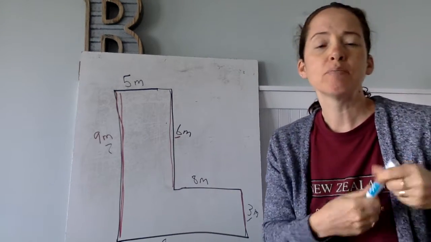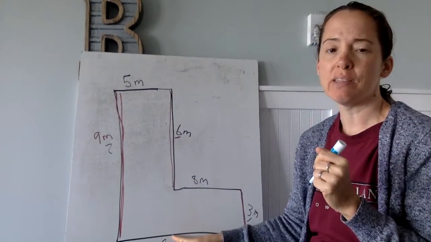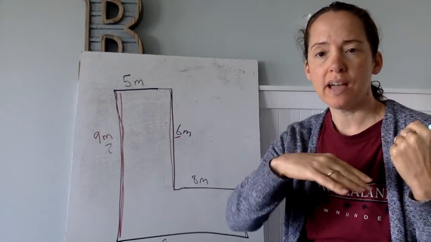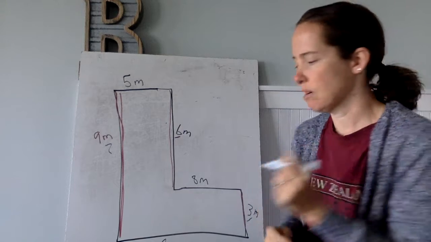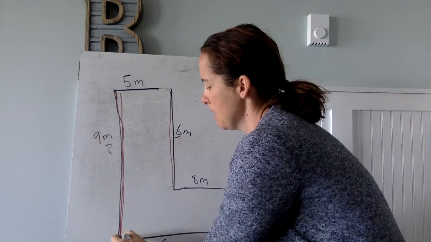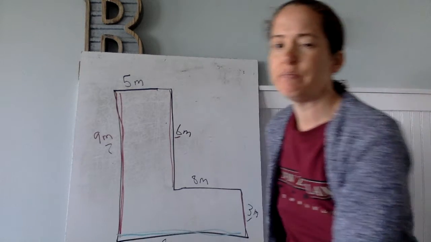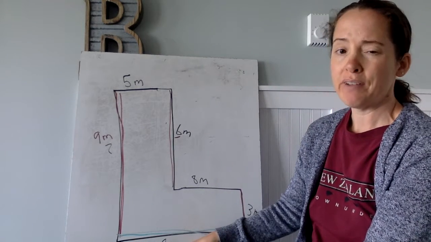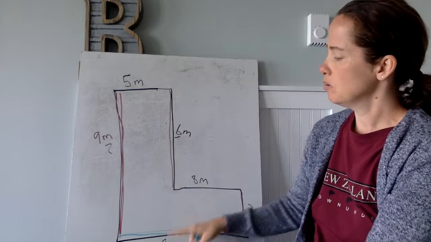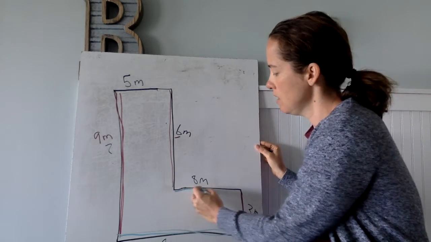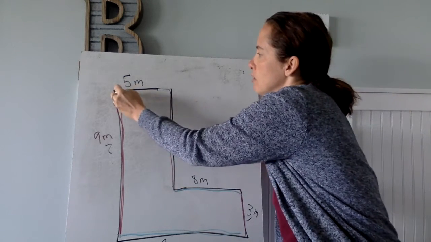I have to go on to my other missing side length, which is down here. This one runs horizontally or left to right. So I'm going to highlight that a different color so you can see. Okay. I'm going to find its opposite sides, which would be this horizontal line and this horizontal line.